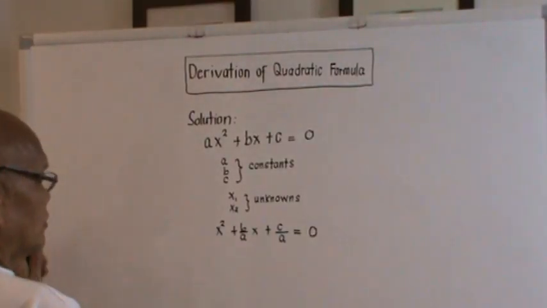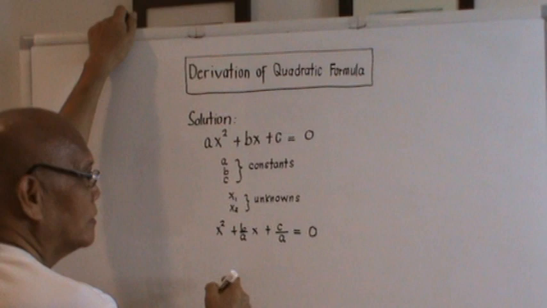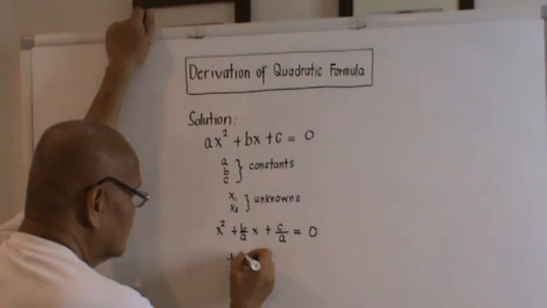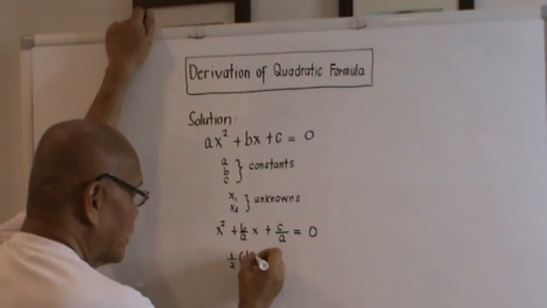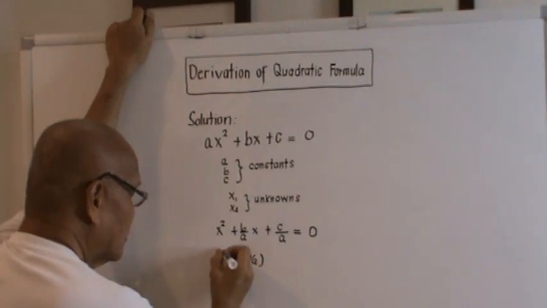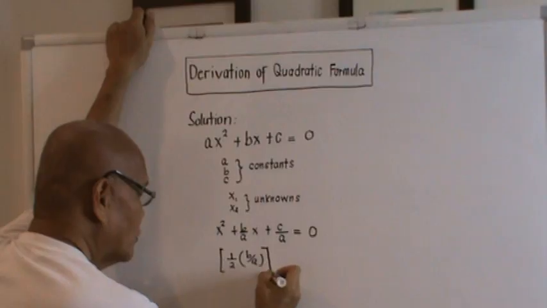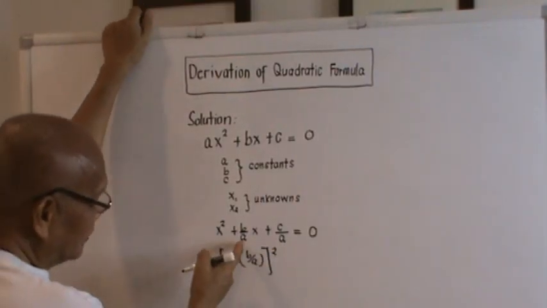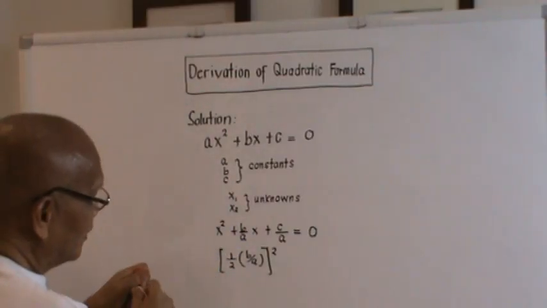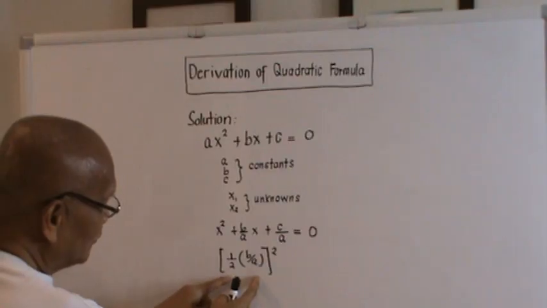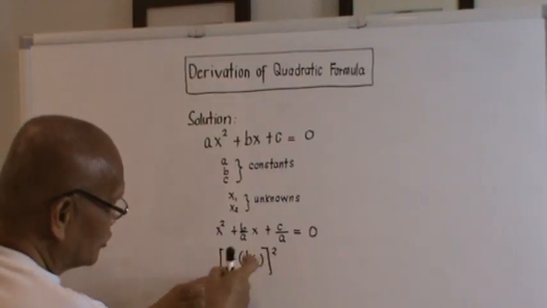Okay? So upon reaching this portion here, we'll take 1/2 of the ratio b over a, then we'll try to square this one. We will take the coefficient of x. The coefficient of x is actually b over a. We'll take 1/2 of that one, then we'll square it.